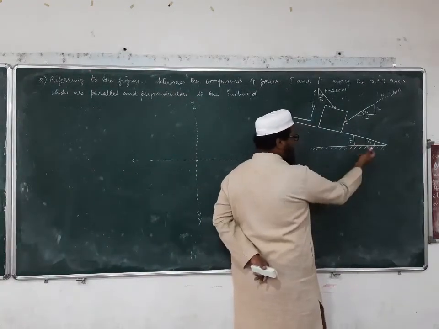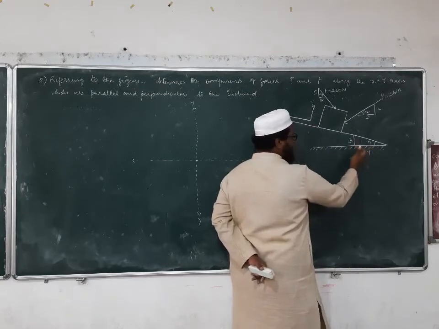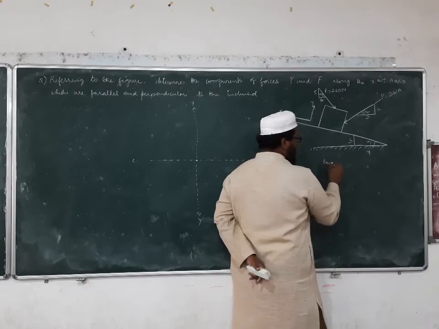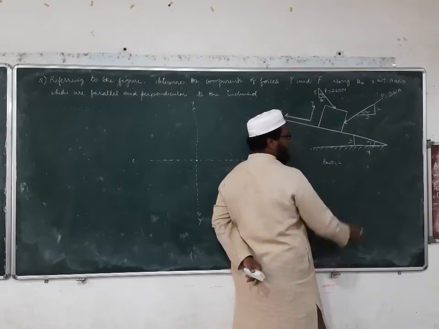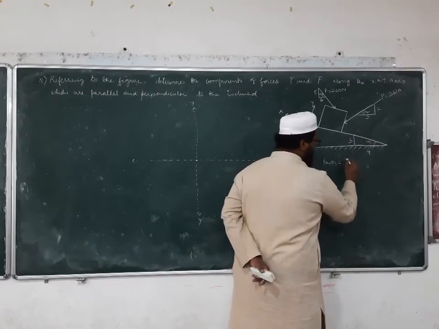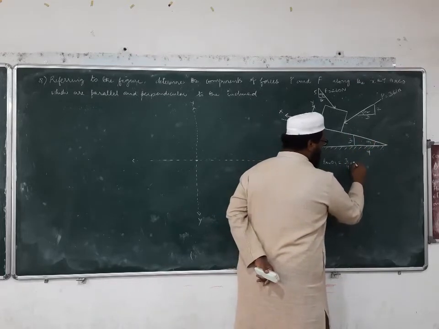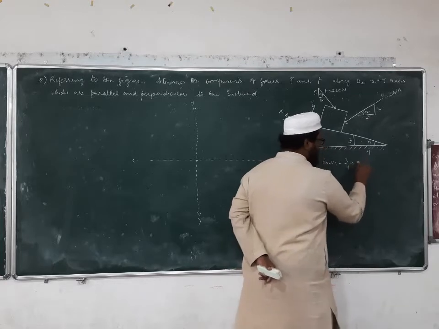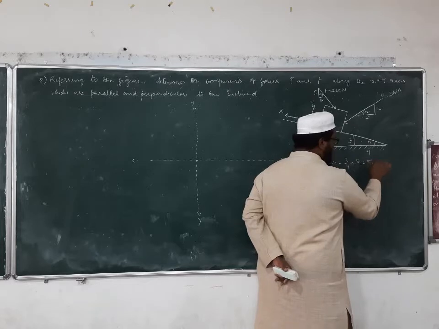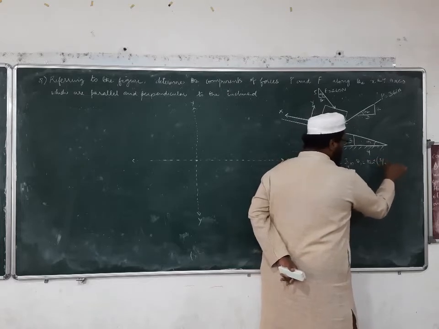How will you calculate theta 1? I have the adjacent and the opposite, both. So tan theta 1 is equal to height by base, or opposite by adjacent. So 3 by 4, that implies theta 1 is equal to tan inverse of 3 by 4.